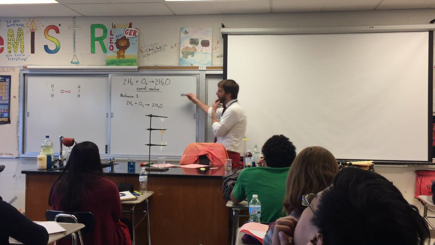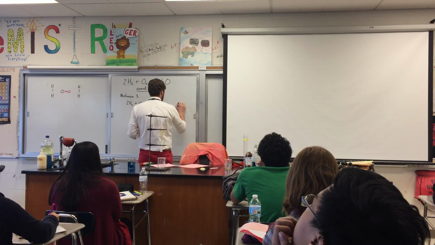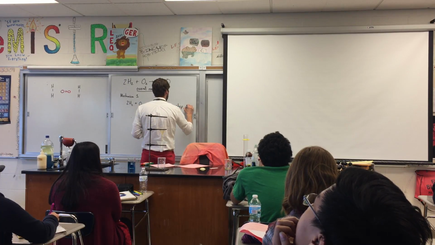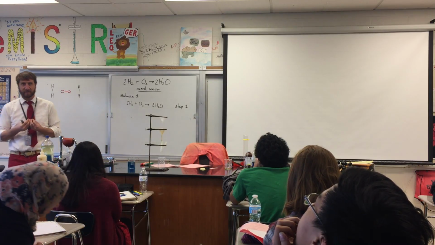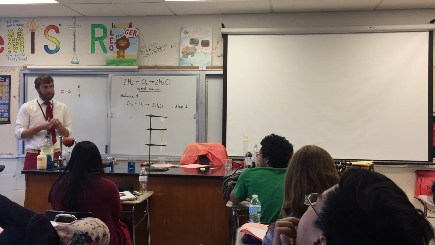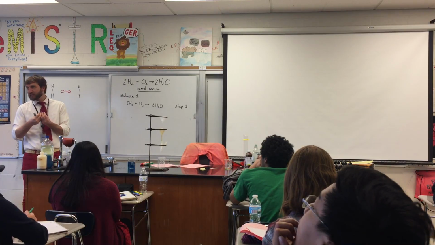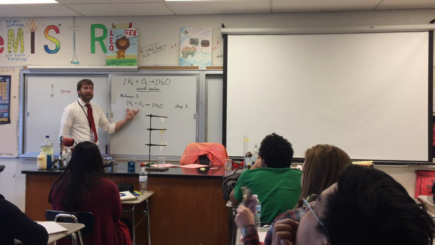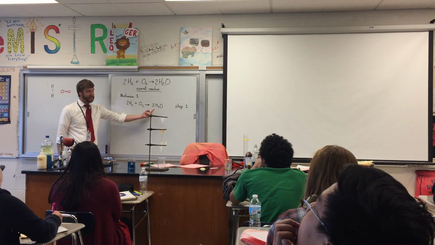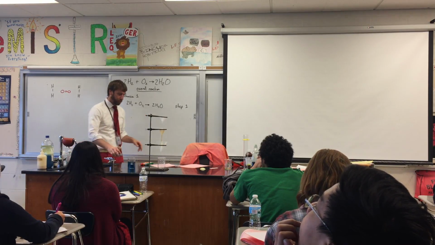Well, if a mechanism is a series of elementary reactions or steps, and we're actually talking about elementary reactions, then we can write a rate law just based on an elementary reaction.